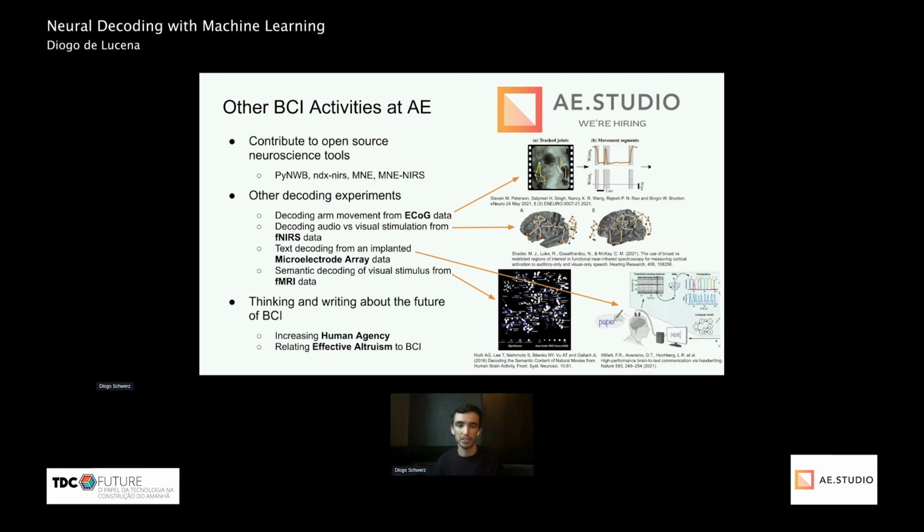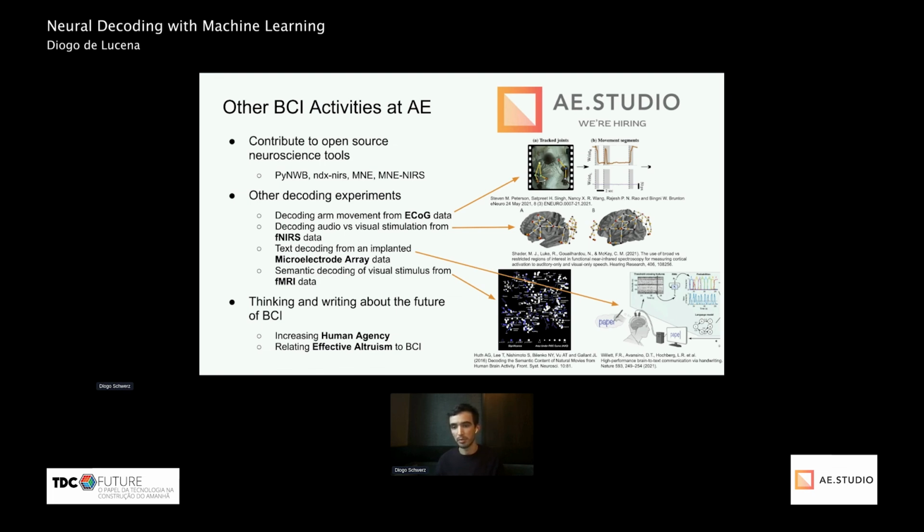we try to create semantics of what they're looking at, and we're really trying to push what the future of BCI is, increasing human agency and relating it to effective altruism.